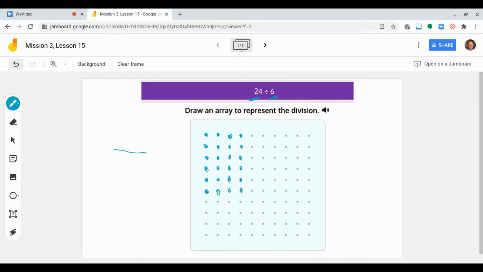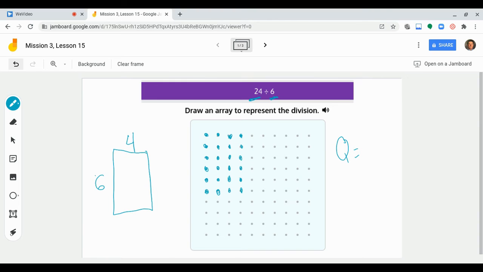If I were to draw that out, this is what they're calling the area model here, where you put how many do you have in a group? We had 6. And how many groups total? You had 4. My quotient, which we're going to abbreviate with a Q, remember, quotient is the answer to a division problem.